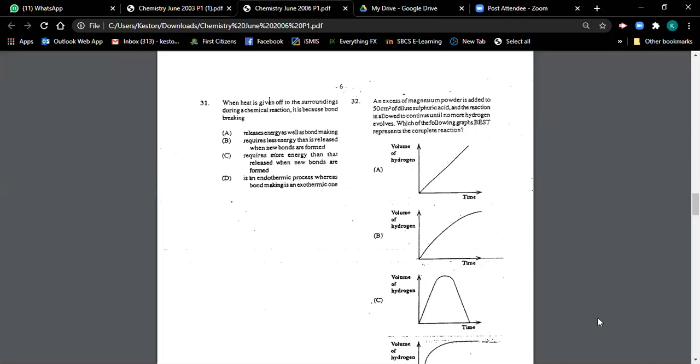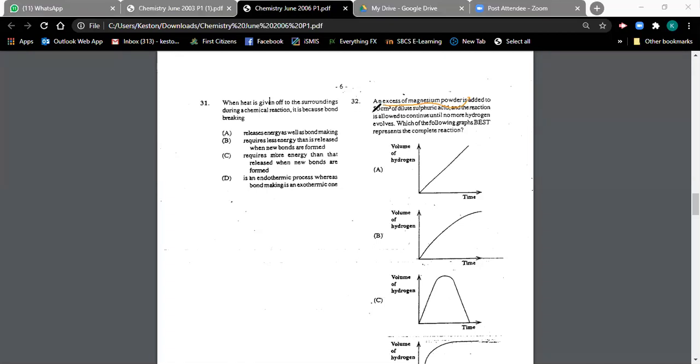So magnesium powder and sulfuric acid, you know you're going to liberate hydrogen gas. But one is in excess and one is limited. Look at this. An excess of magnesium powder is added to 50 centimeters cube. So what happens when the 50 centimeters cube of sulfuric acid is all used up and there's no more of this? This is a limiting reagent.